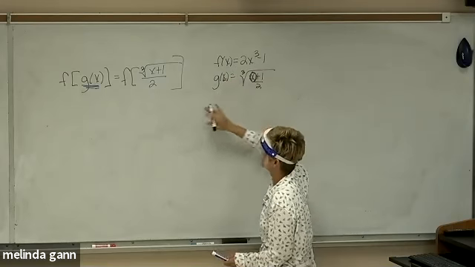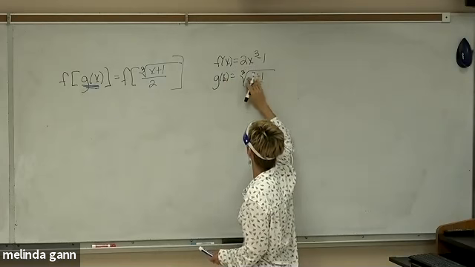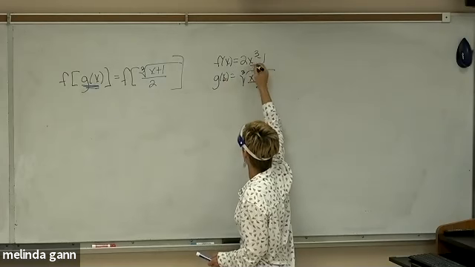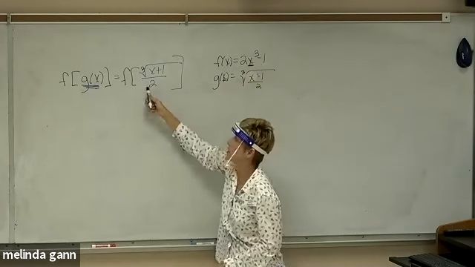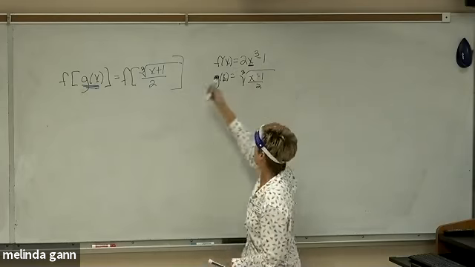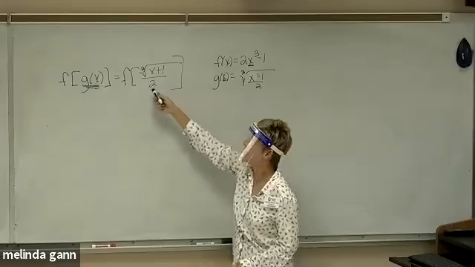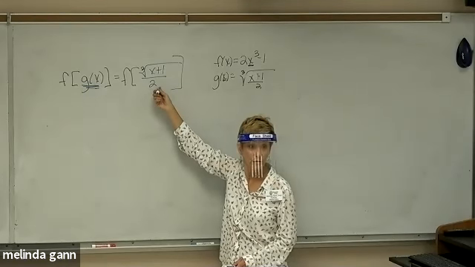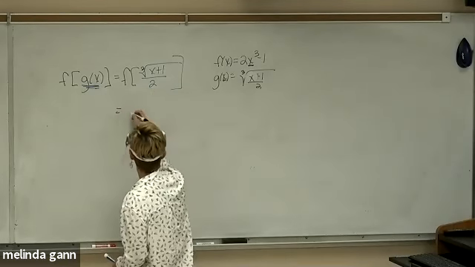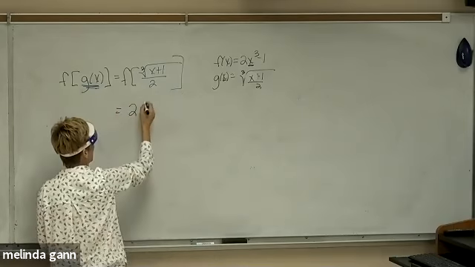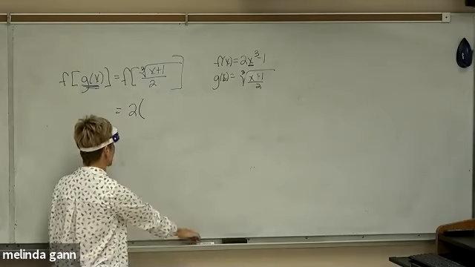When I take this X out of this F, because it says put it in F, what am I going to put in place of that X? This thing right here. So I have a 2. There's the X. What am I going to stick in place of that X?